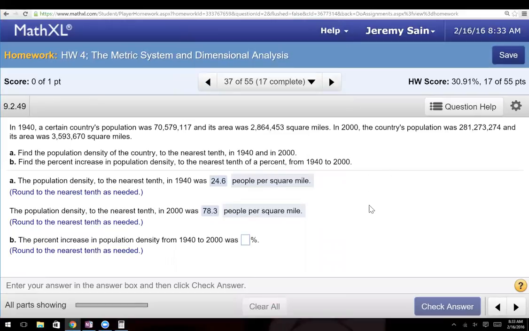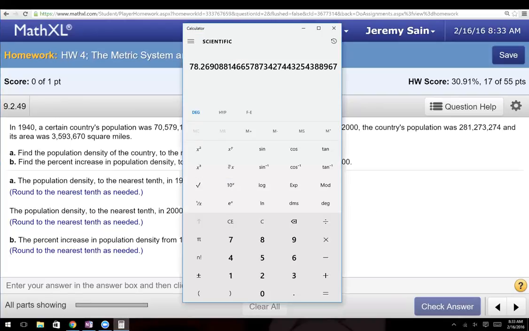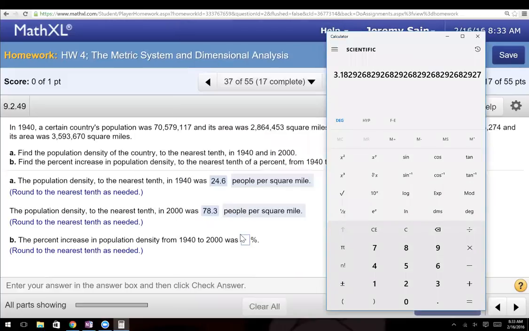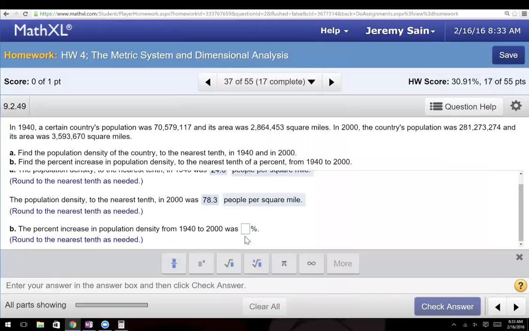And how would you find the percent increase in population density? Let's try that. Kind of. And then multiply by whatever. So that looks like 318%, right? Oh, yeah, it's not that.